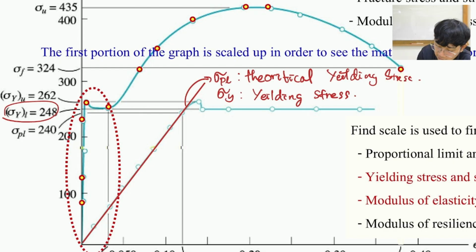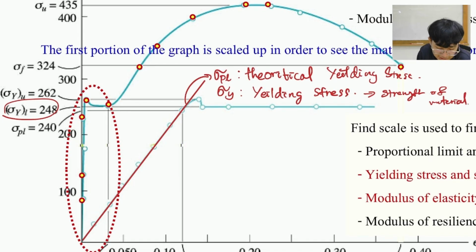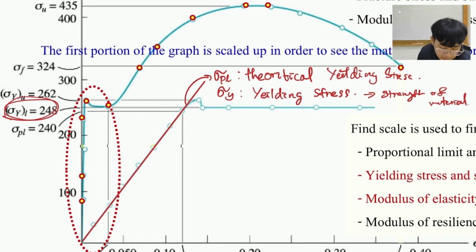Because yielding stress is going to be the strength of our material, okay? So to be safe, we're going to use the lower yield. For example, the upper yielding stress provides higher strength, but practically we're going to use the lower one, okay?